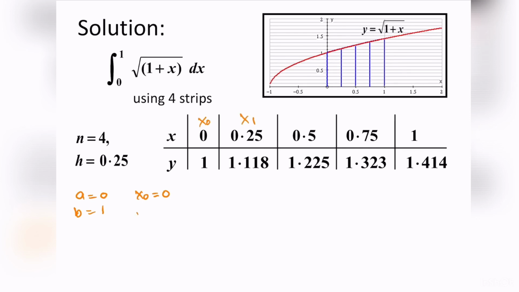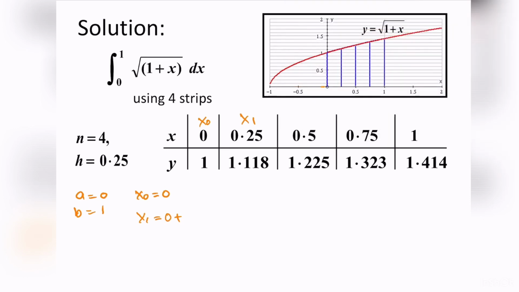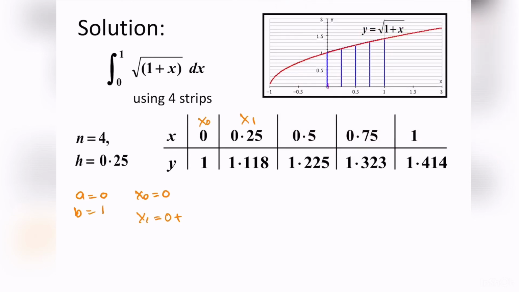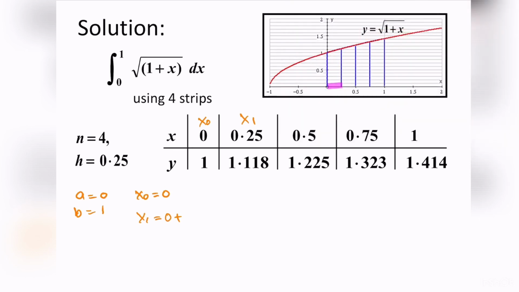So x1 is going to be 0 plus this distance here, which is, no, sorry, I'm in the wrong place. Excuse me. Okay, so this distance here is h. So therefore, this is 0.25, which is 1/4.